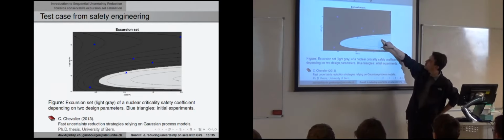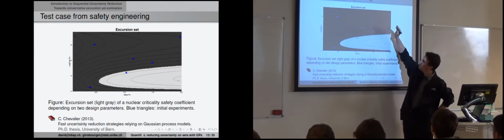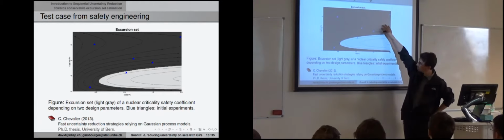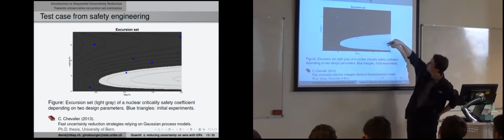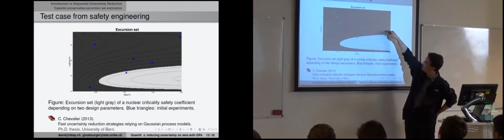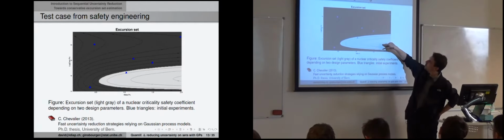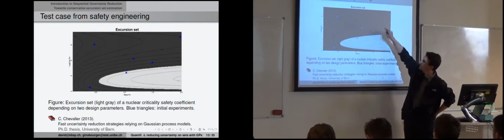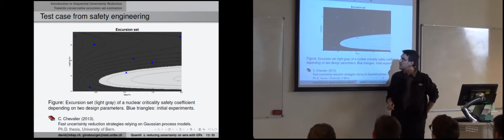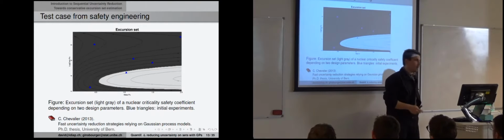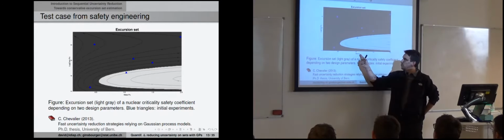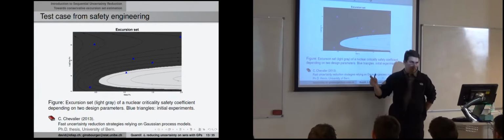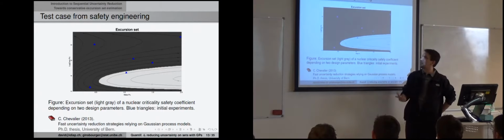And actually these two regions correspond with responses that are above, so here it's above 1 or above 0.95, and here it's below. And the reason why it's so important in this application to understand where this region is and where this region is, is because we are quantifying nuclear related danger, which is in that case related to storage of plutonium, so fissile material that you want to store.